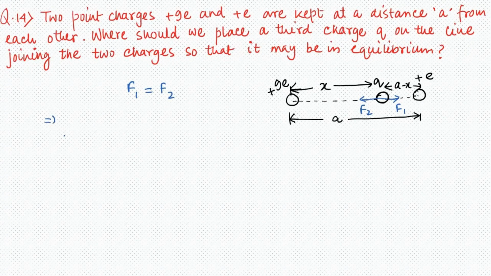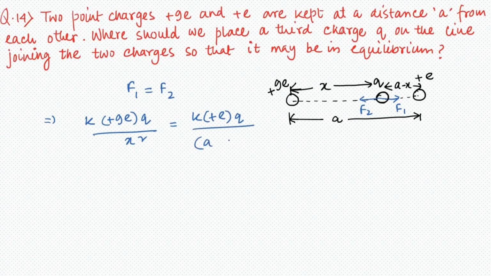So F1 is k (9e)(q) divided by x² is equal to F2 as k (e)(q) by (a minus x)². So k will cancel out, q will cancel out, e also will cancel out. We'll be having 9 by x² is equal to 1 upon (a minus x)².